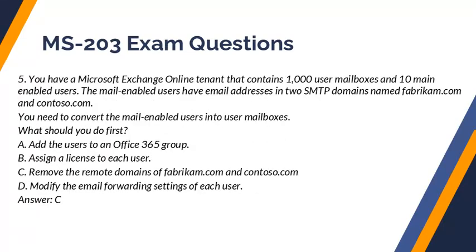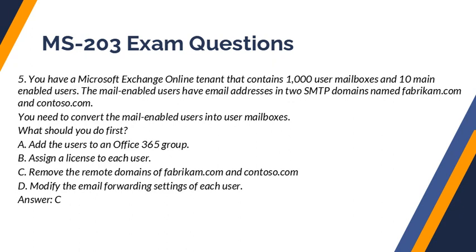5. You have a Microsoft Exchange Online tenant that contains 1,000 user mailboxes and 10 mail-enabled users. The mail-enabled users have email addresses in two SMTP domains named Fabricam.com and Contoso.com. You need to convert the mail-enabled users into user mailboxes.